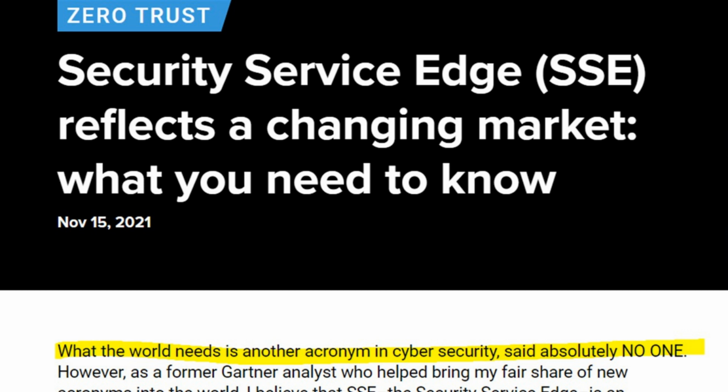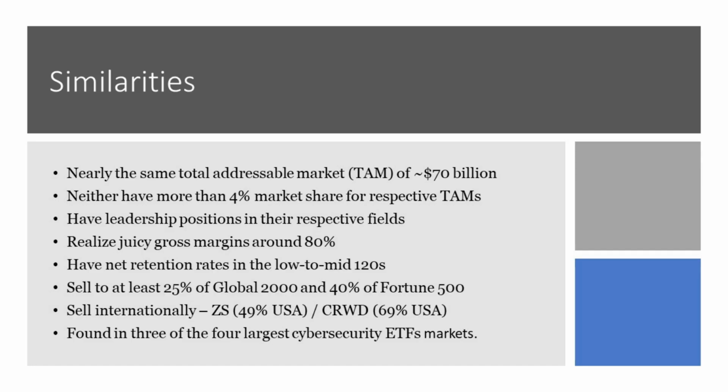So let's just dive into the similarities between these two firms. And frankly, there were far more than I had thought when we started putting this all together. So they both address the same total addressable market size, not the same TAM, but the same size TAM, each being around $70 billion.